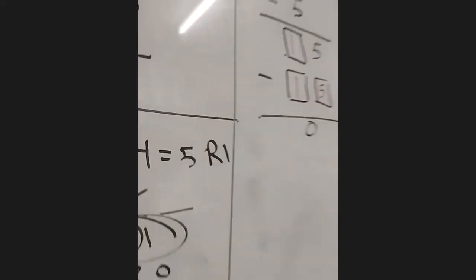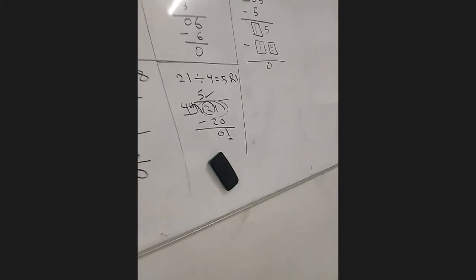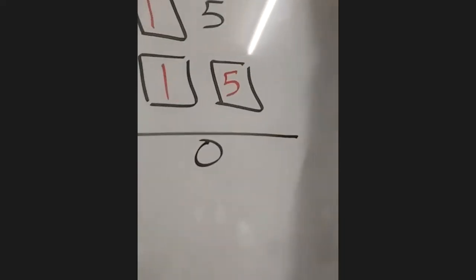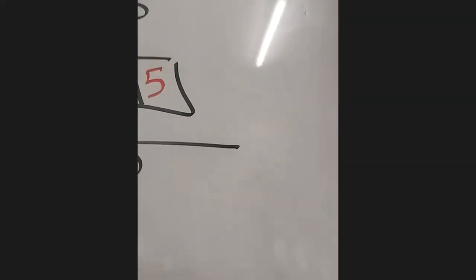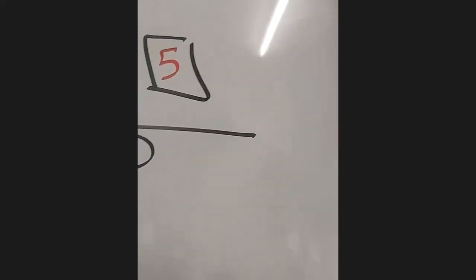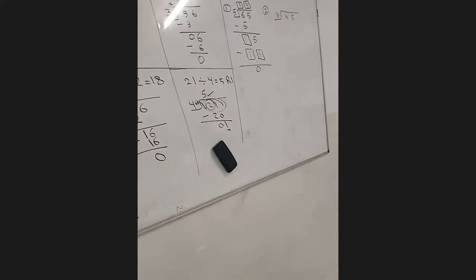Now, I will write question 2. Just give me a second to write it on the board. We have 45 divided by 3. Question 2. 45 divided by 3. Up we have a square with 5.